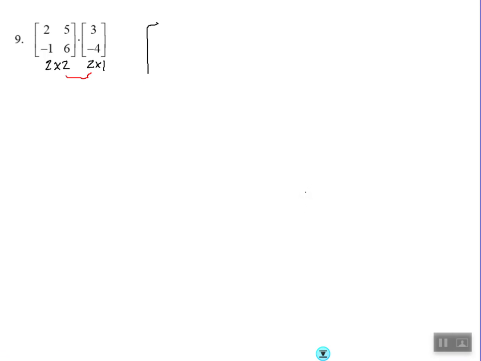So I'm just going to go ahead and draw in a large 2 by 1 matrix. When you multiply matrices, you want to take the elements of the first row and multiply it by the first column.